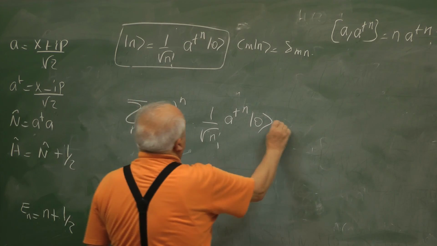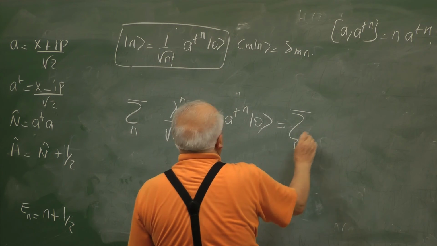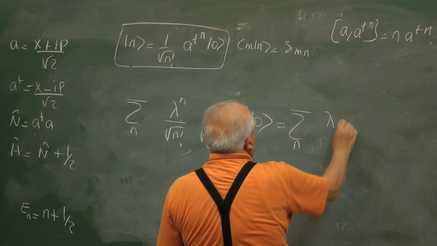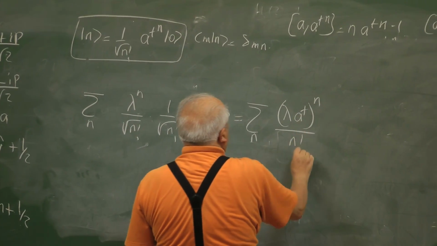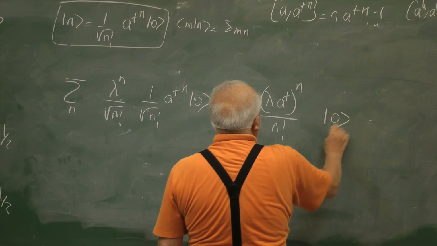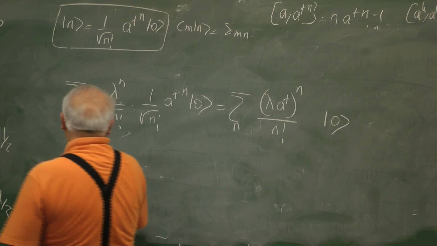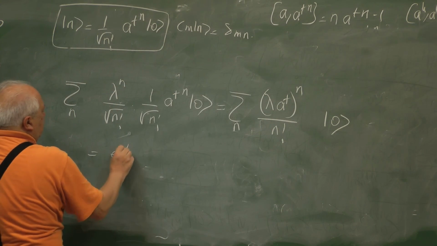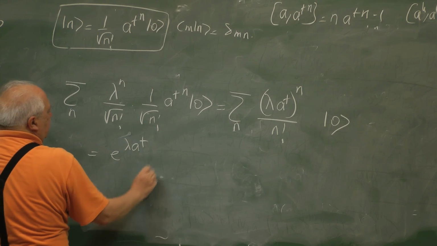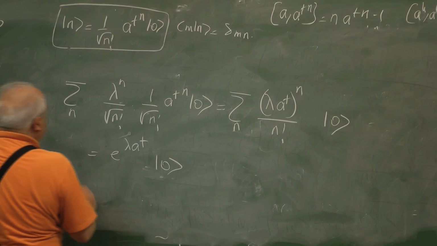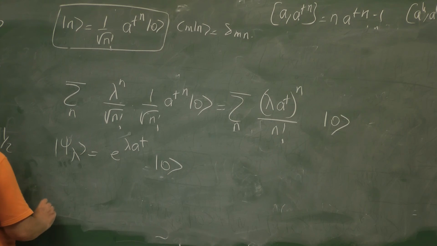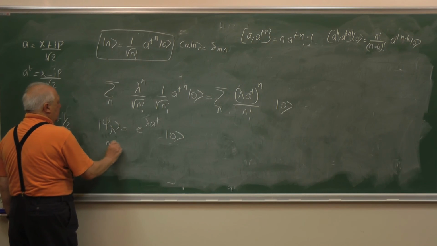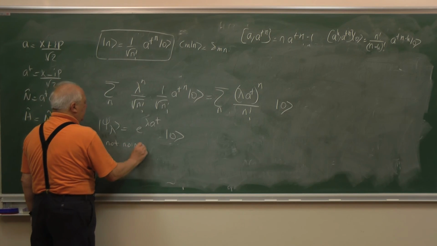So this gives me the sum over n of lambda a dagger to the n over n factorial acting on 0. So this is e to the lambda a dagger acting on 0. Let me call this state psi lambda. It's not normalized.